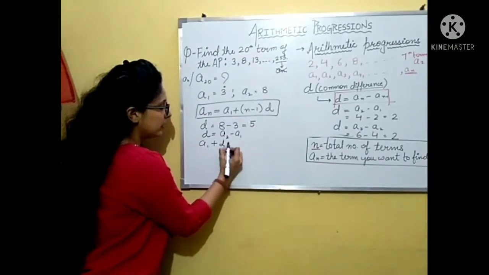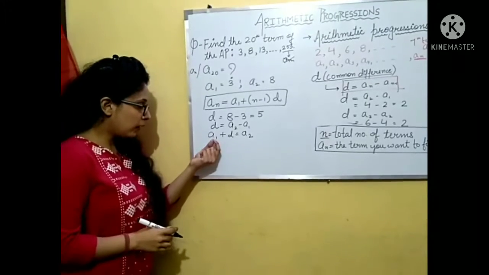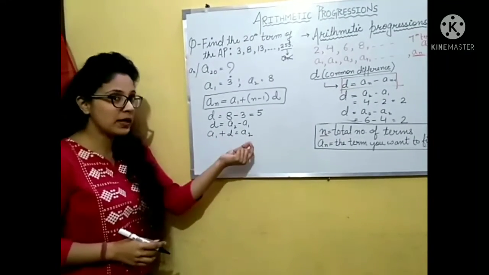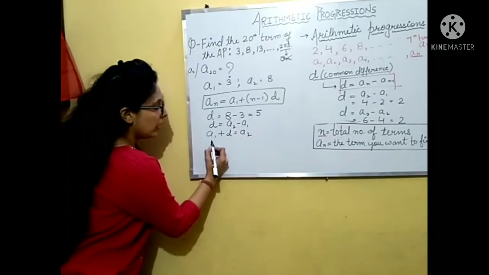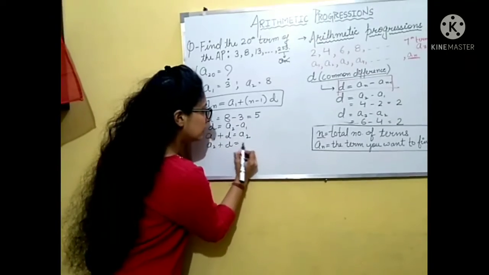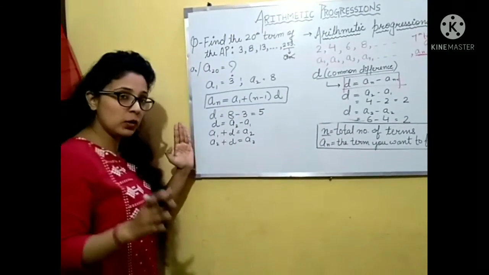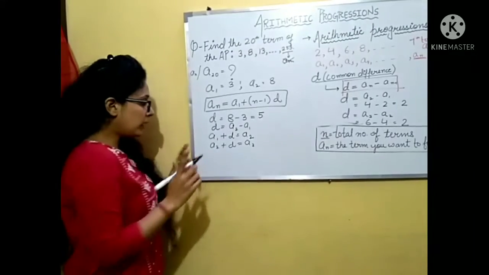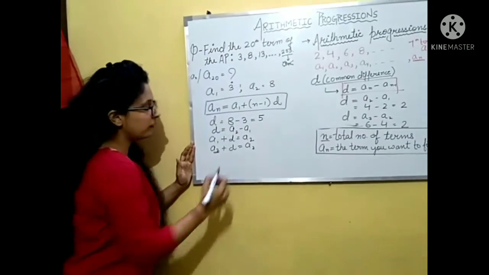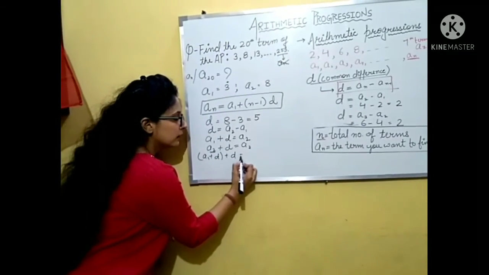I can write this as A1 plus D is equal to A2. So here you can see that when I add the common difference to the first term, I will get my next term. Again, if you add the common difference to the second term, you will get the third term, and this pattern will go on the same. But look here, in the place of A2, can't I write A1 plus D?